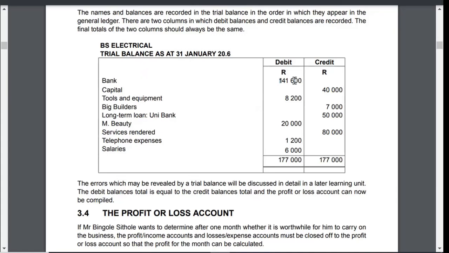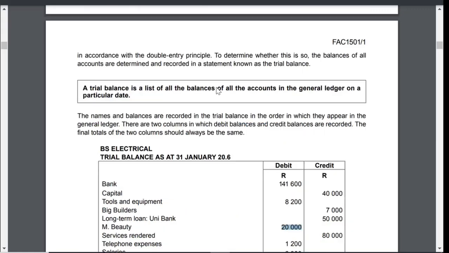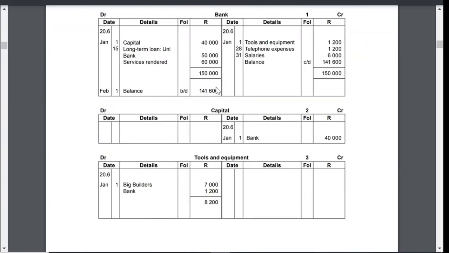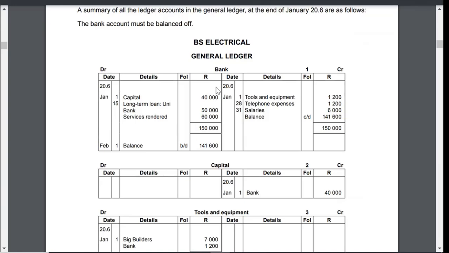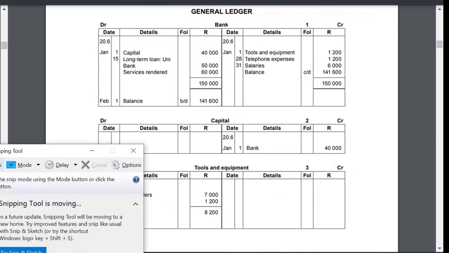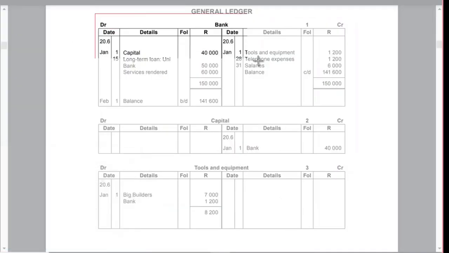Where are these balances coming from? From the general ledger. Yes, you can't do a trial balance without a general ledger.